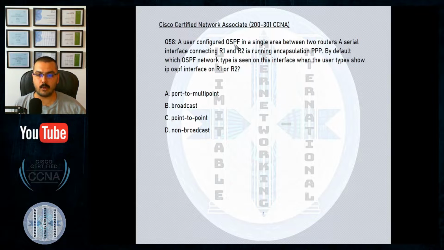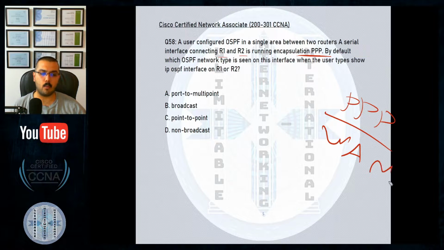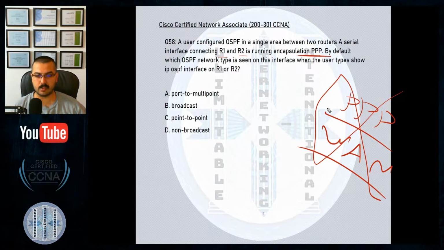A user configured OSPF in a single area between two routers, a serial interface connecting R1 and R2, and it's running using the encapsulation of PPP. PPP, which is point-to-point protocol, is one of the important subjects of WAN, wide area networks, which was completely removed from the new CCNA.